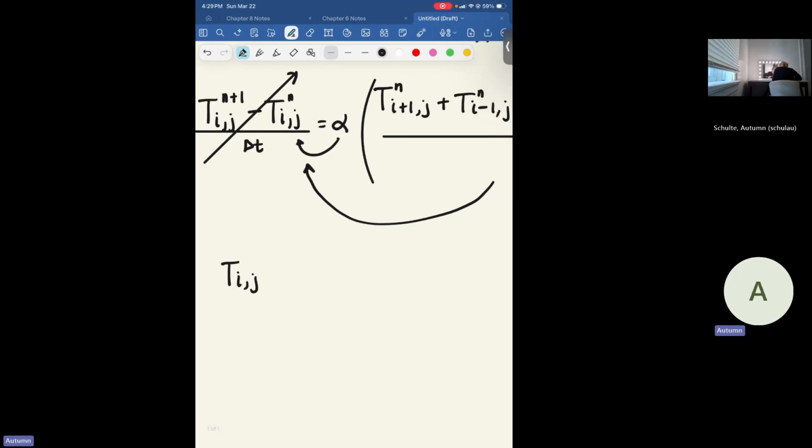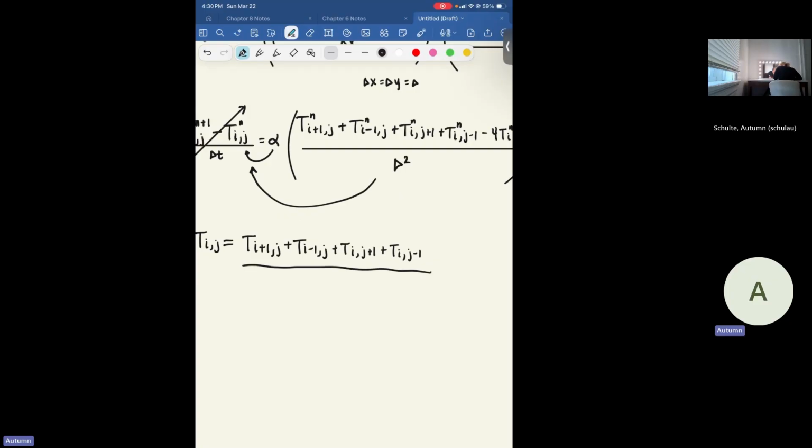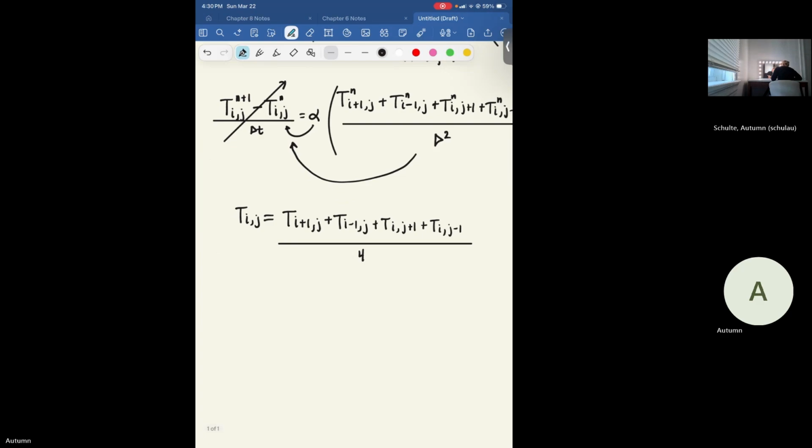So we can have the temperature at our position is equal to the temperature to the right of us plus the temperature to the left of us plus the temperature above us plus the temperature below us, all divided by 4.